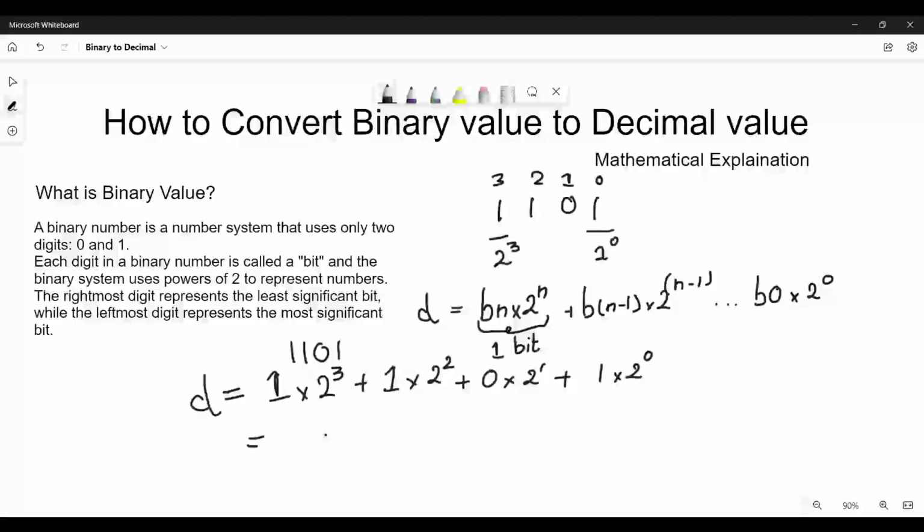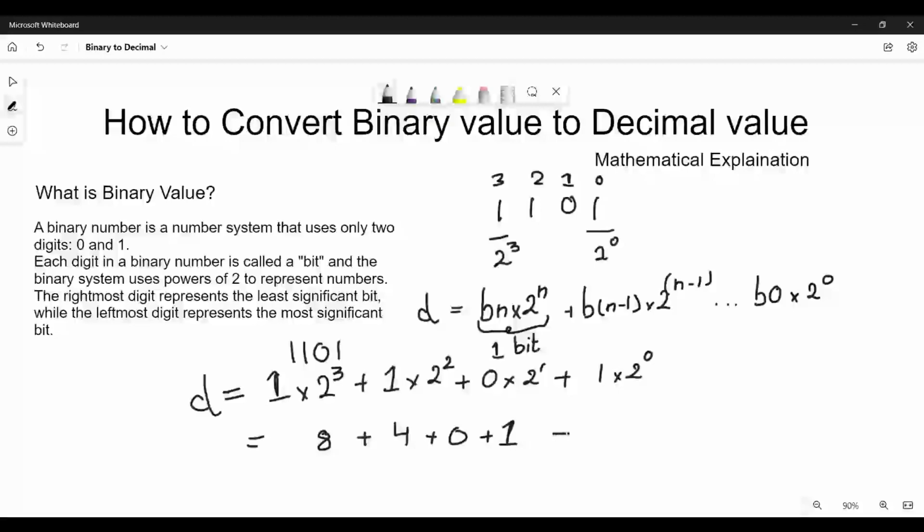So 2 to the power 3 is 8. Since we're multiplying with 1, we don't need to write that down again. So we'll quickly just write down the values of the powers of 2, plus 2 to the power 2, that is 4. And since this is multiplied by 0, we do not care. We'll just write 0. And 2 to the power 0, as we all know, is 1.